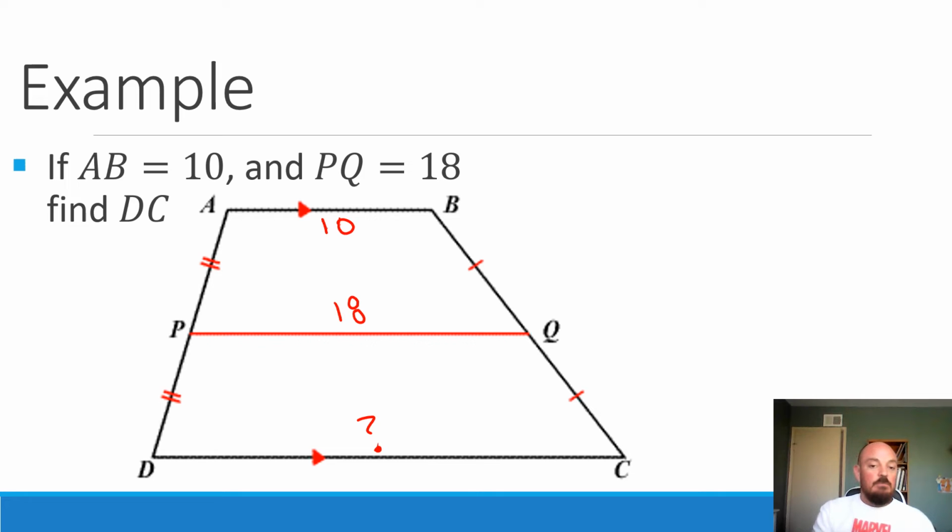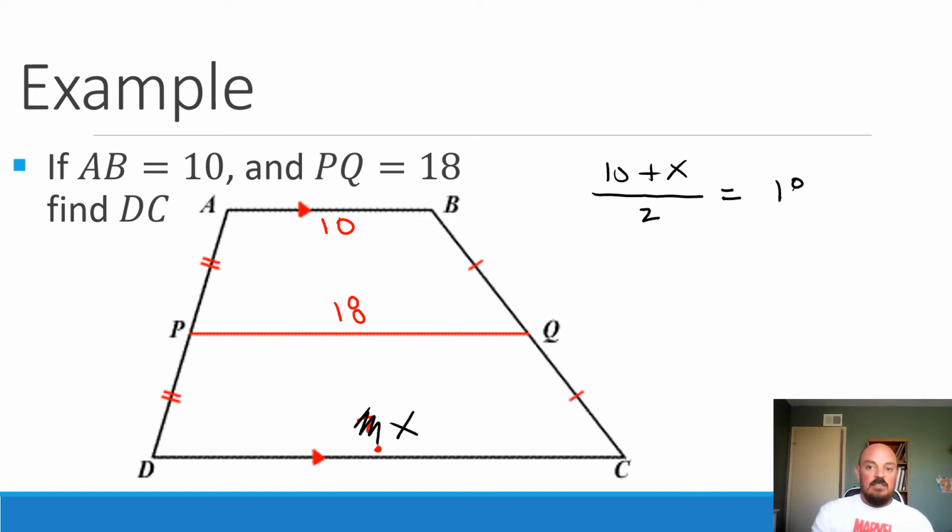Now I don't know what one of the bases is, so instead of a question mark, let's call it x. So I add up the two bases, that's 10 plus x, and divide it by 2. Remember, a good way to show dividing is fractions. So I added up my two bases, 10 plus x, divided by 2, and that gives me the length of the midsegment.